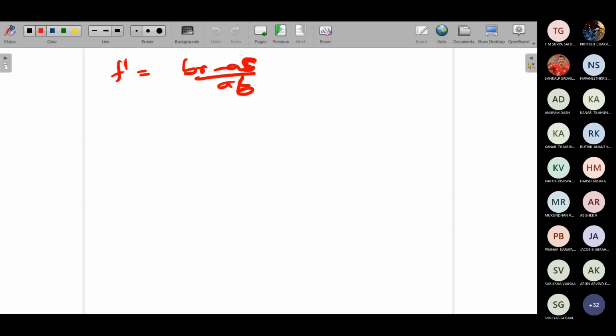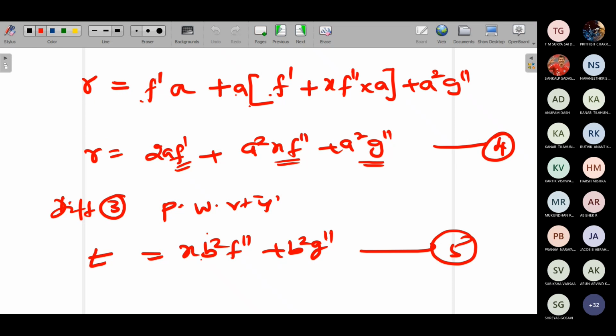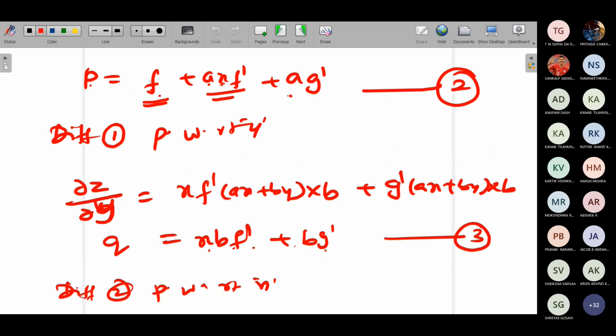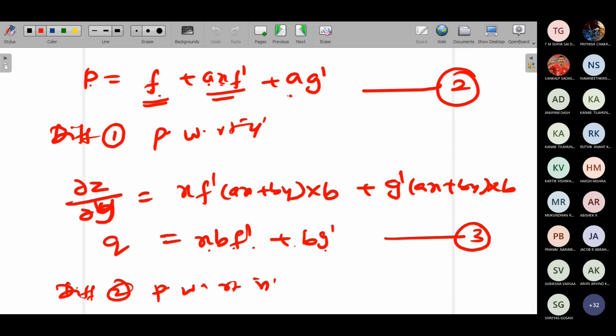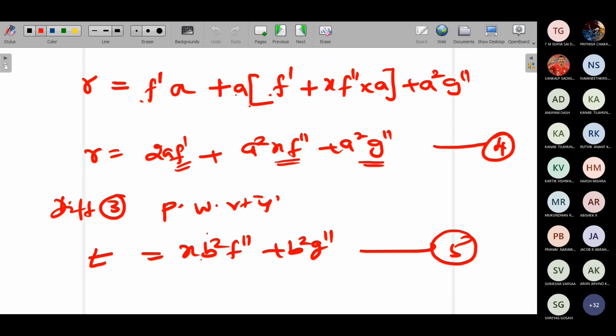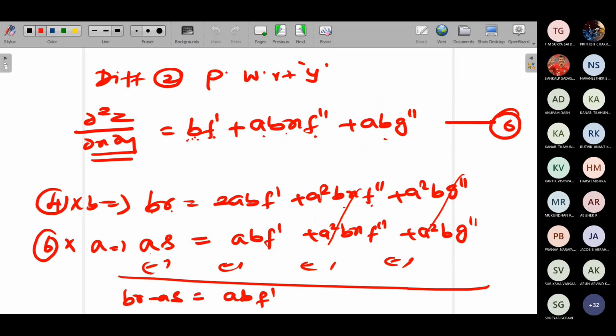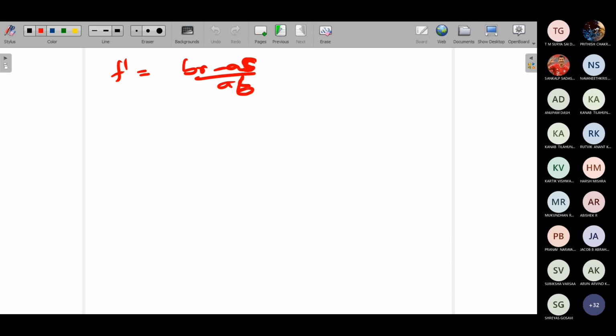Now I told you somewhere we can substitute it. I got this term r. Here I have function f dash, so I should only see the value of f dash.